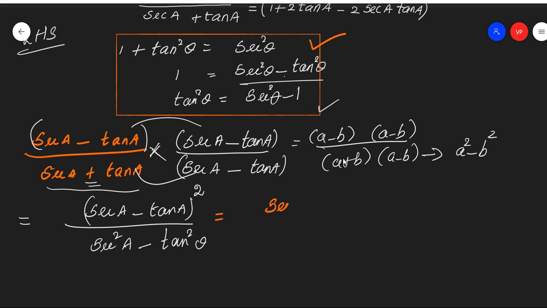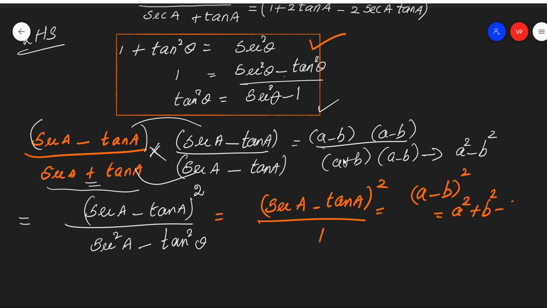So we have only the numerator, the whole square, and the denominator is 1. The numerator is of the form a minus b the whole square, which is a square plus b square minus 2ab. This is our a and this is our b.